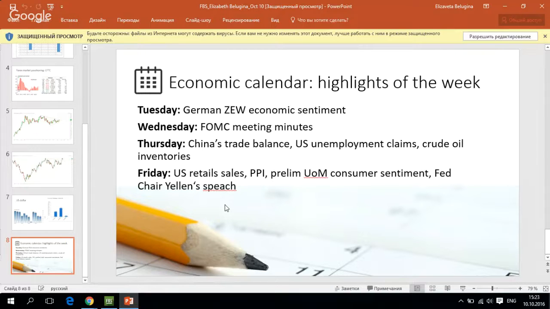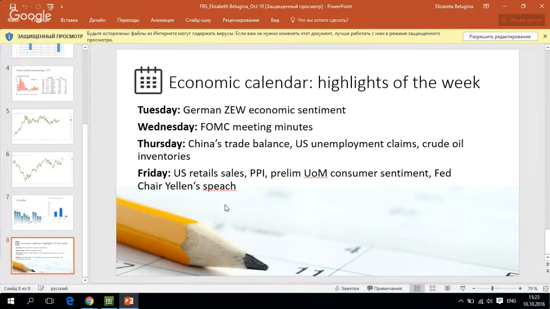So these FOMC meeting minutes should provide us with some insight into the Fed's policy making. Of course, this is a rather limited insight, and we should admit that, but still it is more information than we already have, and we have to be glad about it. On Tuesday, don't miss China's trade balance.